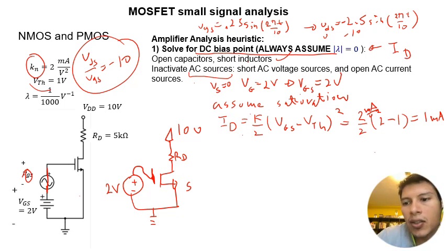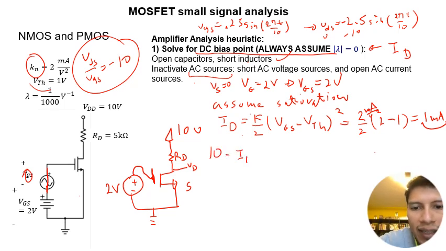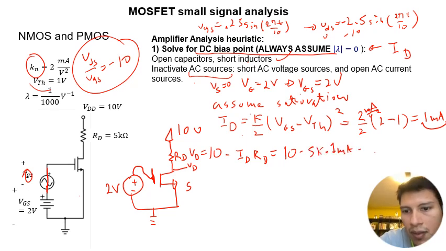Okay, so now we know the current, and we need to confirm that we are indeed in saturation. Well, the voltage VD here is going to be 10 minus ID times RD, which in this case is 10 minus 5 kilo ohm times 1 milliamp, which is equal to 5 volts.